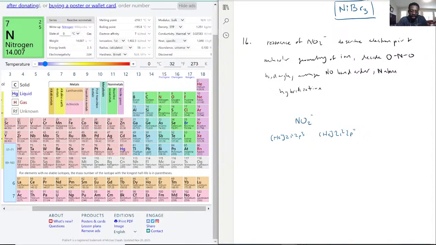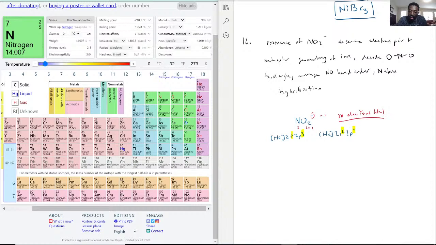So you can see here that 15th column, 16th column, nitrogen has 5 electrons to work with, oxygen has 6, so times 2, and then this is just an extra electron, so that's plus 1. So 5 plus 1 is 6, plus 12, 18 electrons total.